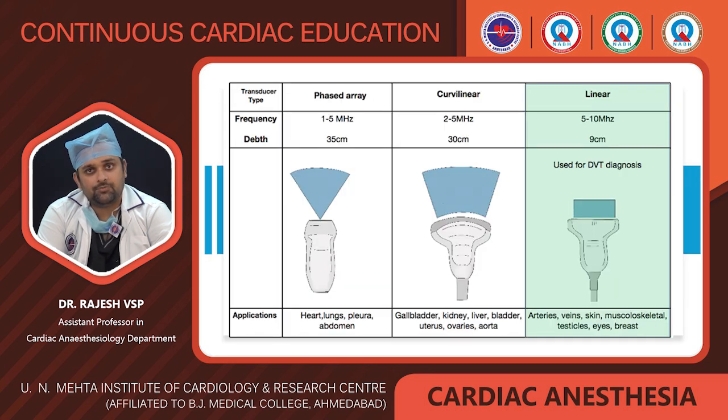In cardiology and cardiac anesthesia, a phased array is generally used. The curvilinear probe is generally used in gallbladder, kidneys, liver, bladder, uterus, ovaries, and aorta image acquisition. And the linear probe is generally used to diagnose DVTs and to view arteries, veins, skin and musculoskeletal systems, even eyes and breast.